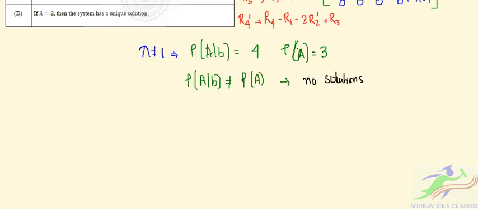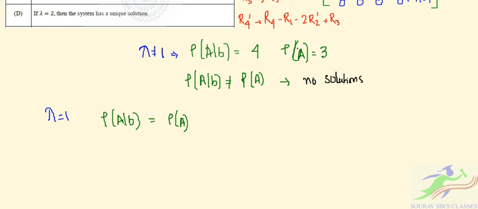Now if lambda is equal to 1, we see that the rank of the augmented matrix is equal to the rank of the coefficient matrix.